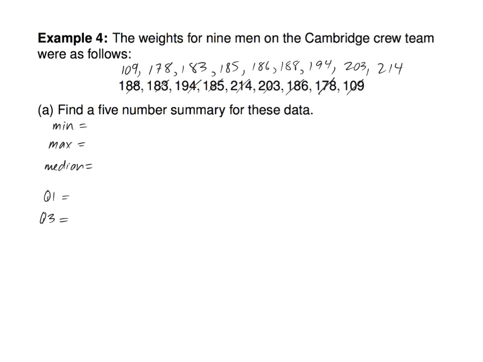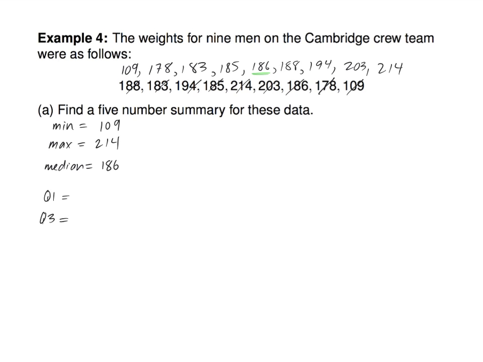One way I check and see if I've got them all is you can count them. Does that make sense? There are 1, 2, 3, 4, 5, 6, 7, 8, 9. Yeah, and I said there were 9 in the beginning. Okay, so what's the min? 109. How about the max? 214. Okay, how about the median? Is there one value that is? Yes, there is. It's 186. Okay.